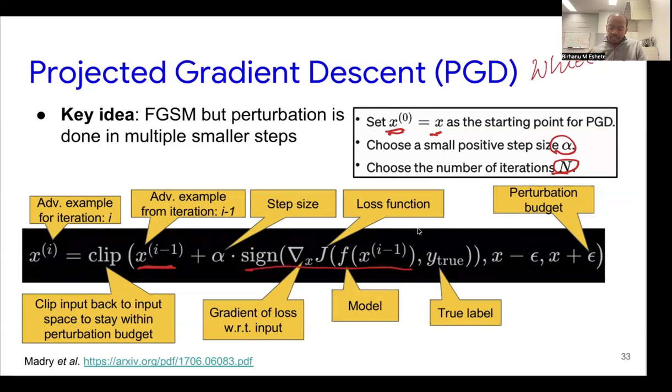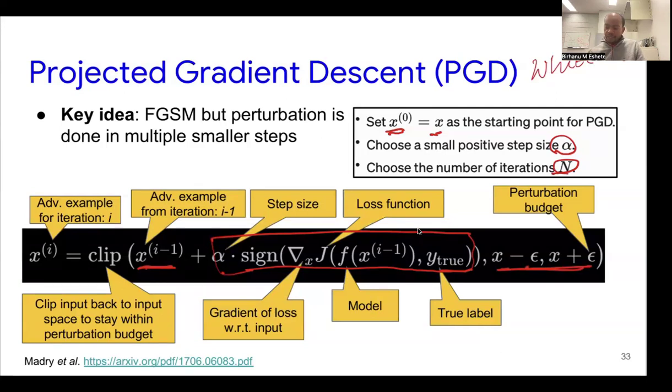What is right here is exactly what we did in fast gradient sign method, except that we replaced epsilon with alpha here, but there is epsilon over here, and I'm going to talk about that as well. So everything else is the same. The gradient of the loss function with respect to the input at step i minus 1, multiplied with the step size, and then adding the whole perturbation to the previous input, and then clipping it with respect to the perturbation budget.